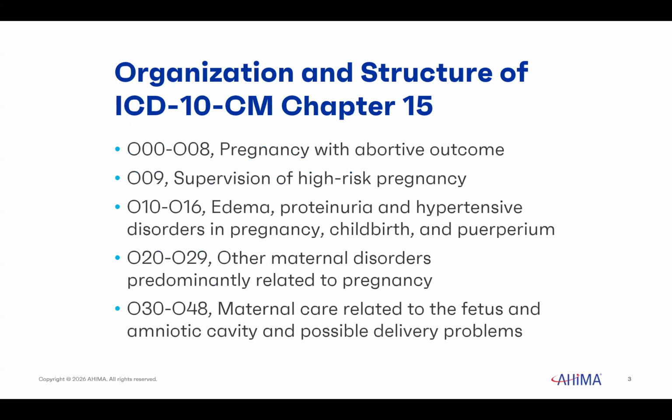And again, it's helpful to know how these codes are organized in chapter 15 of the code book. O00 through O08 is pregnancy with abortive outcome. O09 is supervision of high risk pregnancy, and so on.